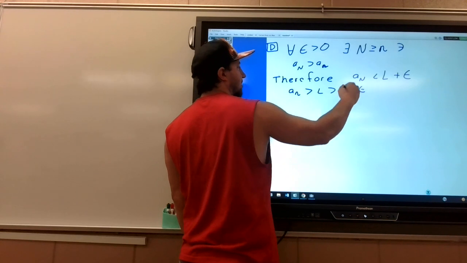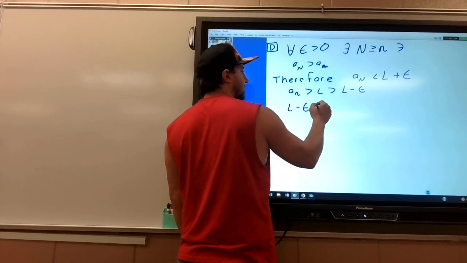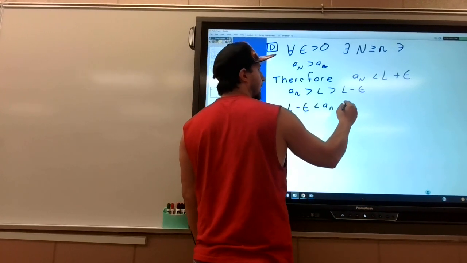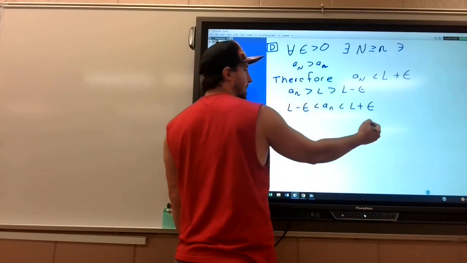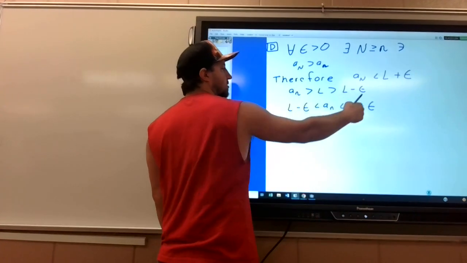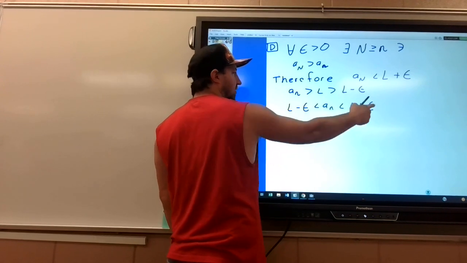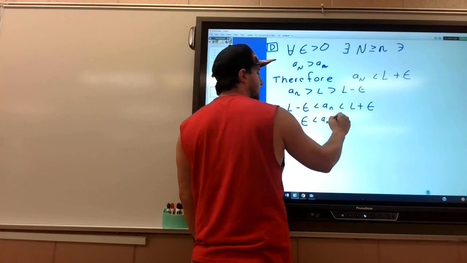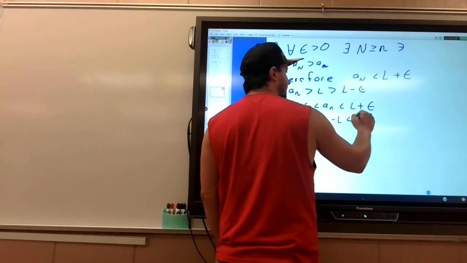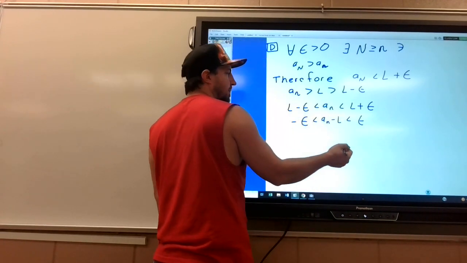If I substitute all this in, I have L minus epsilon is less than a sub n, which is less than L plus epsilon. I want to get epsilon by itself, so I'm going to subtract L from everything here. So minus epsilon is less than a sub n minus L is less than epsilon.